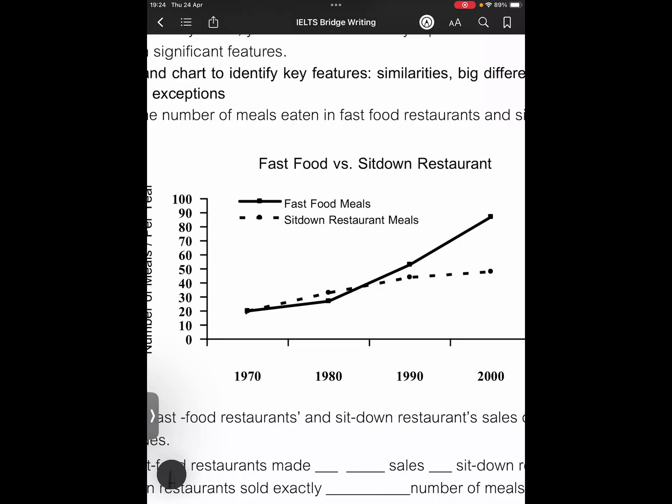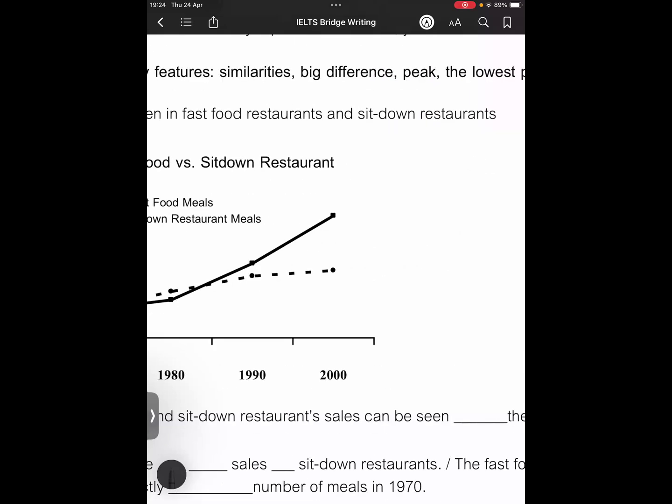So when it changes from positive to negative, you will have a peak or a summit or the highest point. On the left side, you will have a positive slope, and on the right side of the peak, you will have a negative slope. It's something that looks like this.